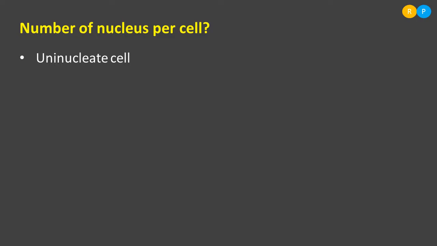When the cell has one nucleus, that kind of cell is known as a uninucleate cell. In our body, the majority of the cells consist of one nucleus. In some other organisms also, in plants as well as in some protista, we can see the presence of one nucleus. So a cell having one nucleus is named as a uninucleate cell.